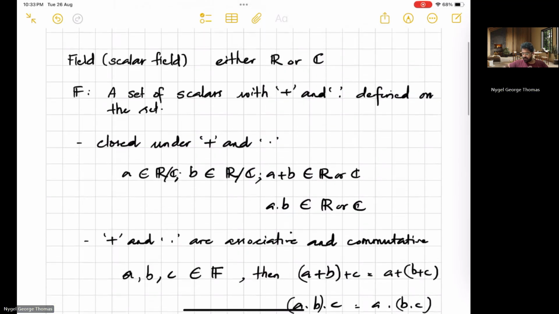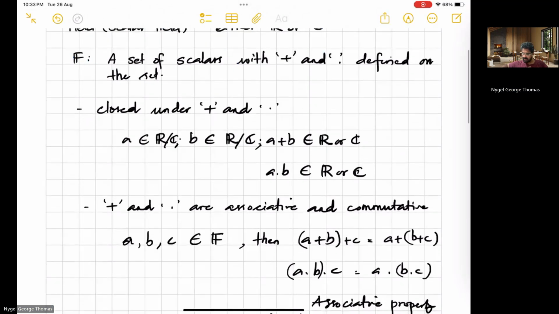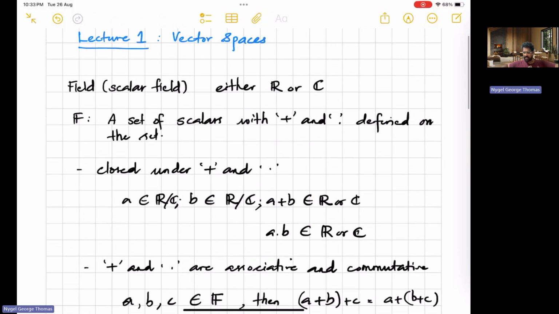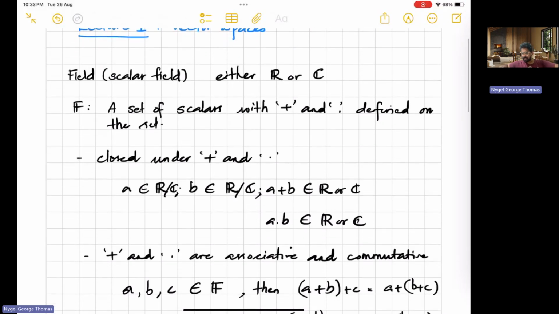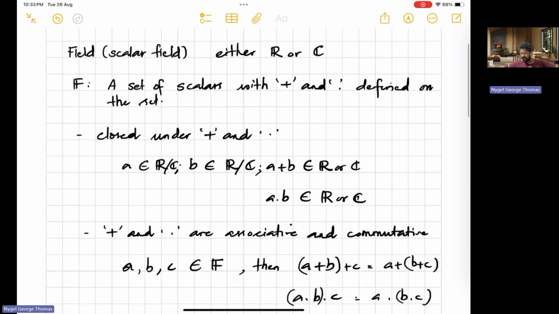So for the requirement of this course, for the current discussion, we can restrict ourselves to this definition of a field. Let's quickly revise the properties of a field, kind of like an axiomatic definition.